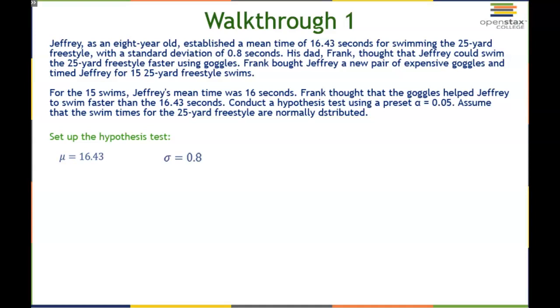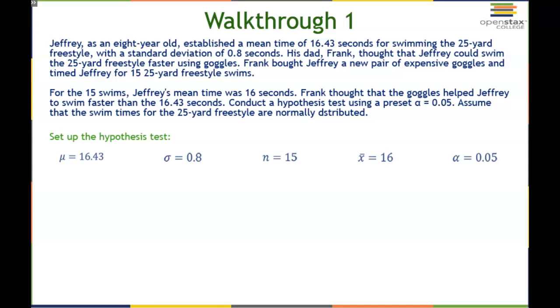For 15 swims, so those are the trial runs, we know our n value is 15. His mean time was 16 seconds. That 16 seconds correlates with the sample, and therefore that is our x bar. So our average for the sample, x bar, equals 16. And then lastly, our alpha is 0.05.